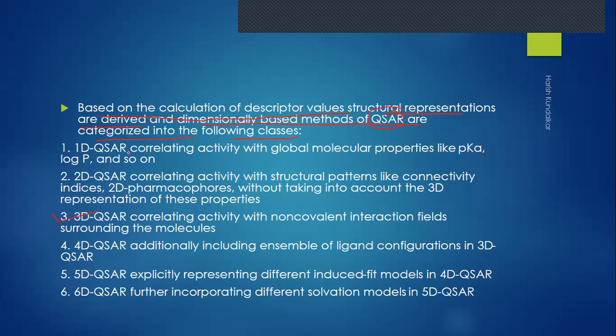So we have 1D QSAR, 2D QSAR, 3D QSAR, 4D QSAR, 5D QSAR, and 6D QSAR. 1D QSAR talks about correlation of activity with molecular properties like pKa and log P. Okay. 2D QSAR talks about correlation of activity with structural patterns, not with molecular properties, but with patterns like connectivity and 2D pharmacophores, without taking into account the 3D representations of these molecules.